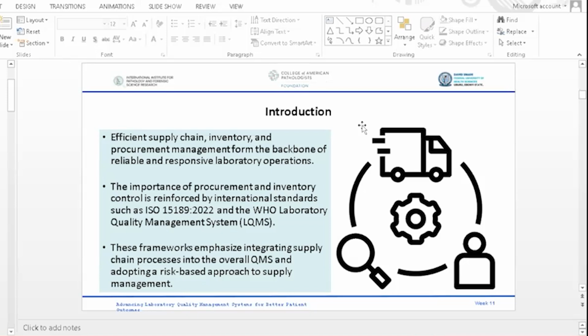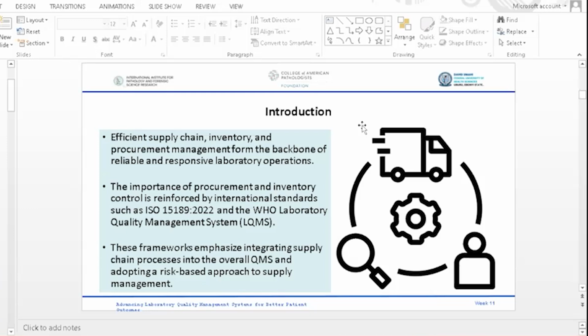Especially ISO, it has introduced more robust requirements for supply chain planning, including the evaluation of suppliers, the documentation of procurement processes, contingency planning, and the assurance of traceability of critical materials.